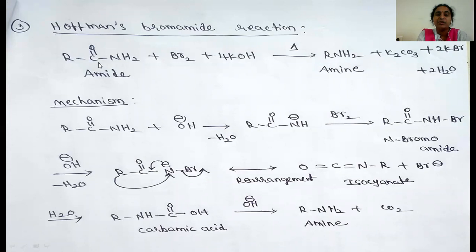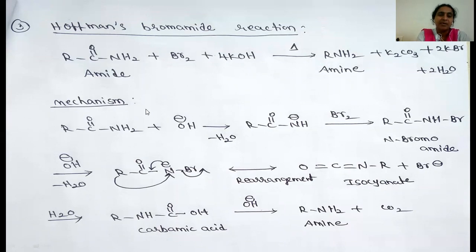If you see the difference between amide and amine, the only difference is that we have to remove this C double bond O group from reactant to product. So in this reaction, the starting reactant is amide, whereas the final product is amine, and the byproducts are K2CO3, KBr, and water.